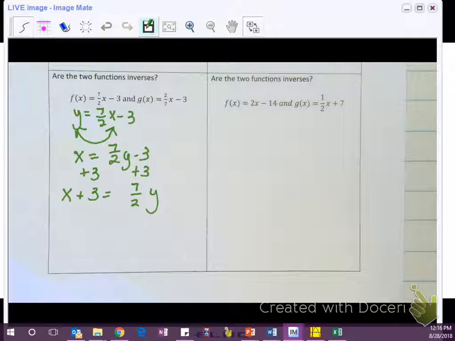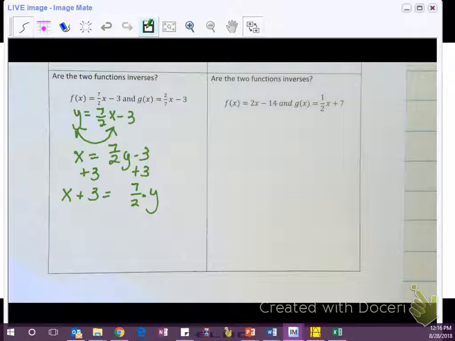The other thing, there are a lot of tricks that people teach you for how to divide by a fraction. Because this 7/2 is multiplying by the y, so this is multiply right here, right? That's a multiply dot. Because it's multiplying, I have to divide by 7/2. Do you remember when you're dividing by a fraction what you're supposed to do? Multiply by the reciprocal.